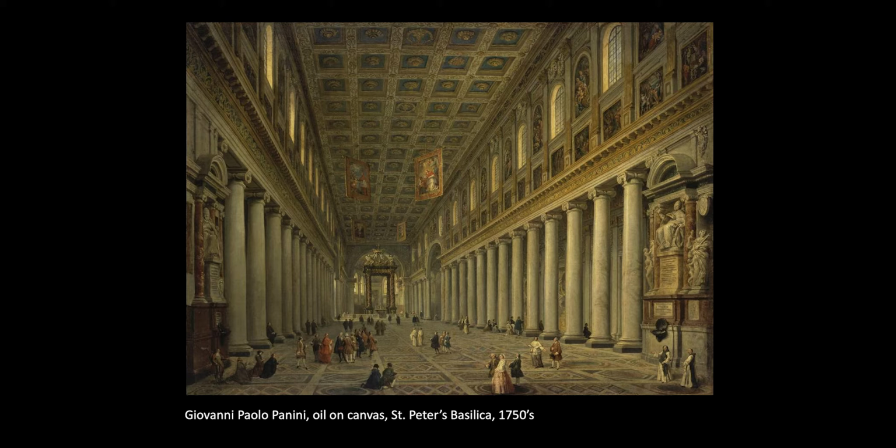So that means that the artist's eye level was considerably higher than those people that he depicted. He's looking down on them, maybe from the top of a set of stairs at the far end of the room, or maybe he's been suspended from the ceiling, or maybe he's simply using his imagination to give us this kind of aerial view of the basilica.